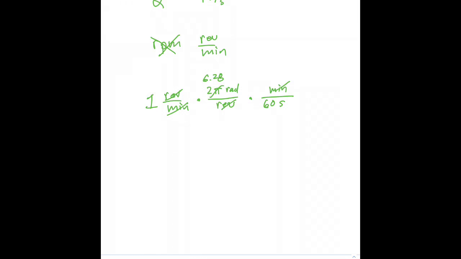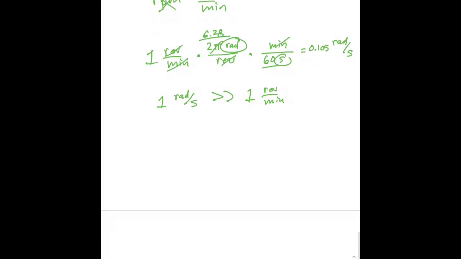So if we divide 6.28 by 60, we should have converted into radians per second. And in fact, when you divide 6.28 by 60, you get about 0.105. So a radian per second is quite a bit greater than a revolution per minute.